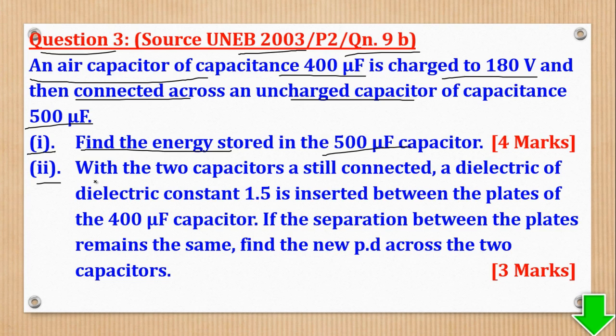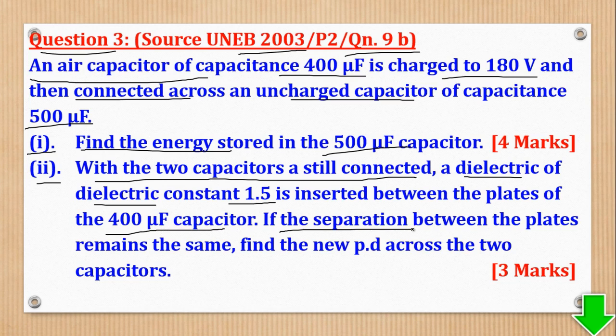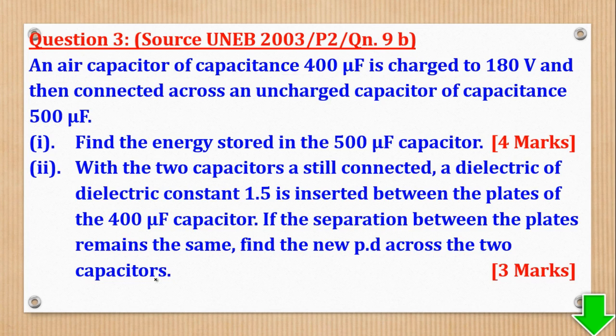And Roman 2, with the two capacitors still connected, a dielectric of dielectric constant 1.5 is inserted between the plates of the 400 microfarad capacitor. If the separation between the plates remains the same, find the new PD across the two capacitors. So let's first start with Roman 1, which says find the energy stored in the 500 microfarad capacitor.